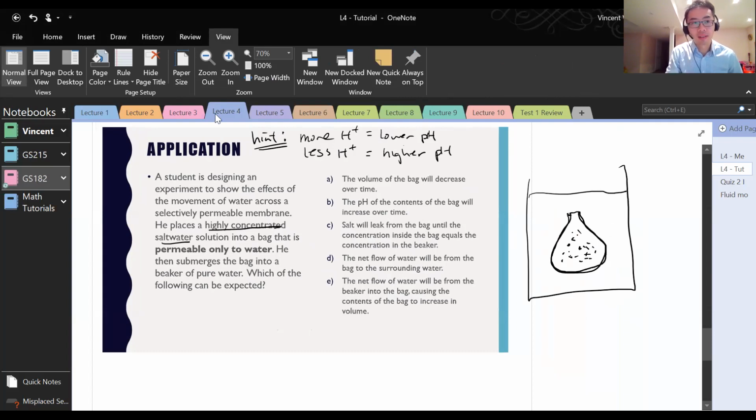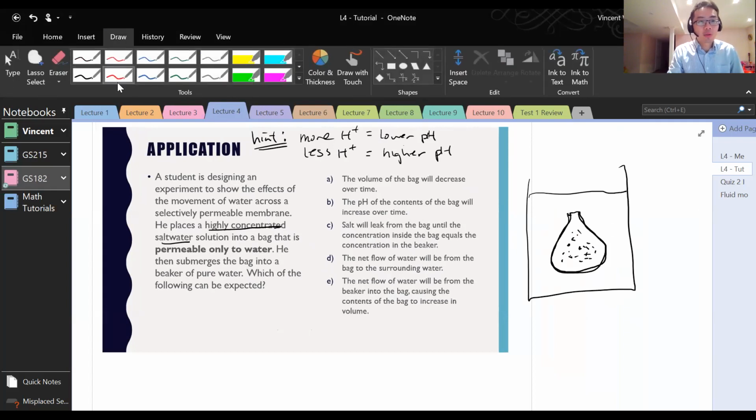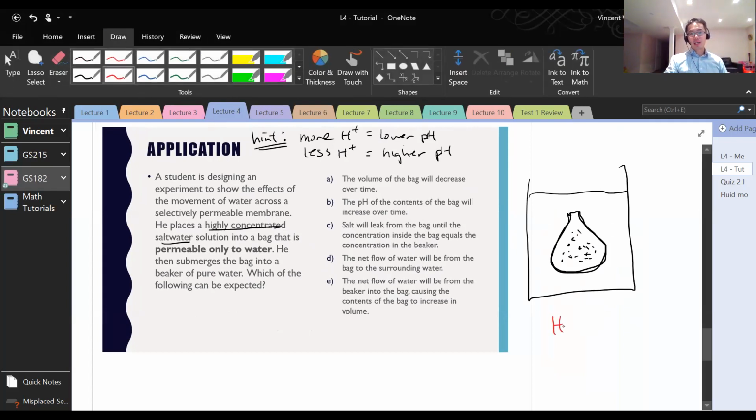So what will happen? Well, this is exactly like the hypotonic situation. This is a hypotonic solution, and that means water is going to go in. Over time, the bag is going to swell up with water and increase in volume. So that is the correct choice.